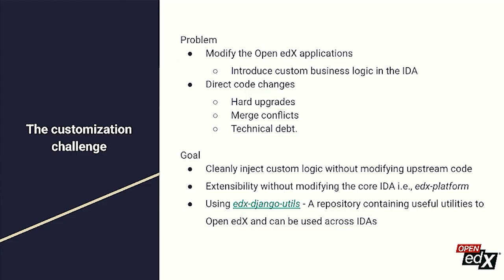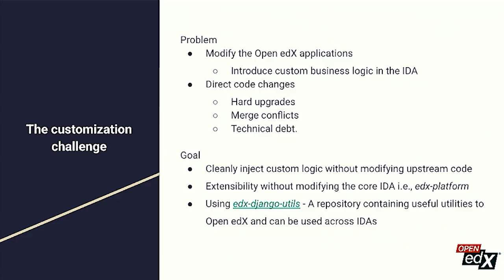So to start with, let's break down the challenges that arise. First and foremost is the custom business logic implementation in the code base. With this challenge, upgrades become difficult to maintain, as there would be merge conflicts on every named release rebase. And of course, we'll be introducing some technical debt.